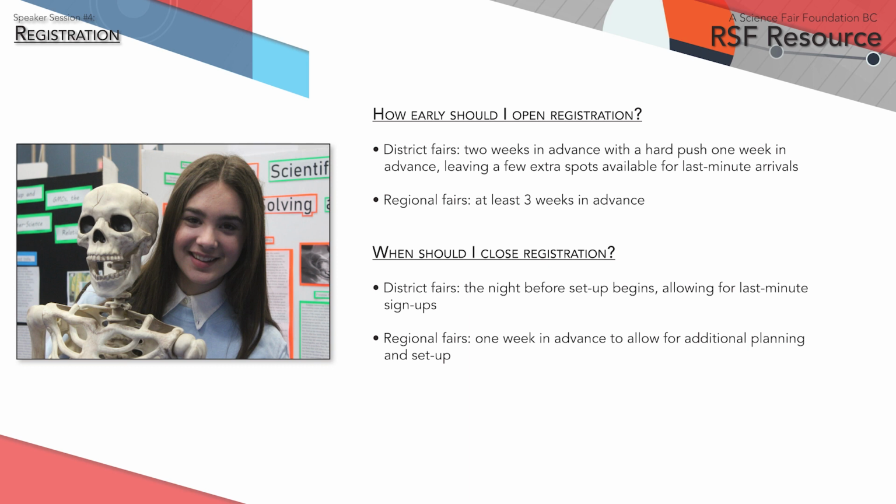So, jumping into registration, everyone does it differently. Normally for district fairs or school fairs, you're looking at about 2 weeks in advance just to get everything set up. There are always those last minute people, but that's to make sure you have enough judges to go through the system.